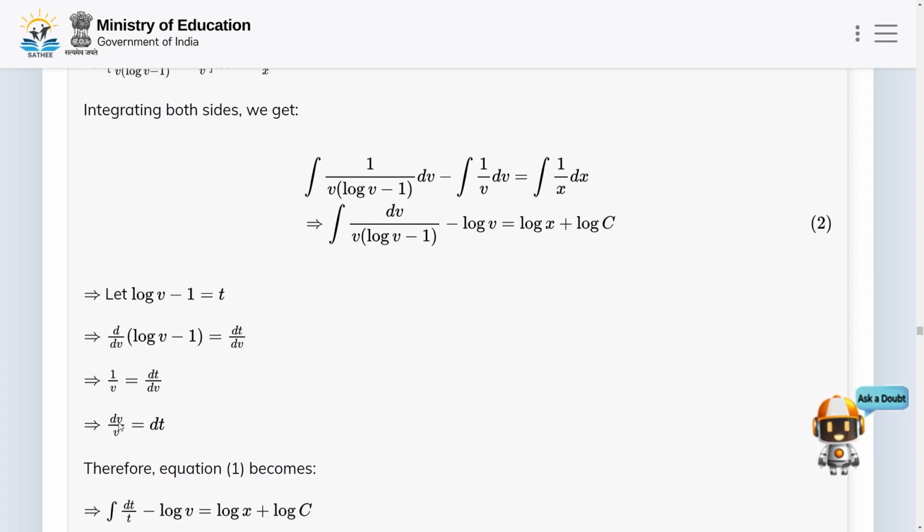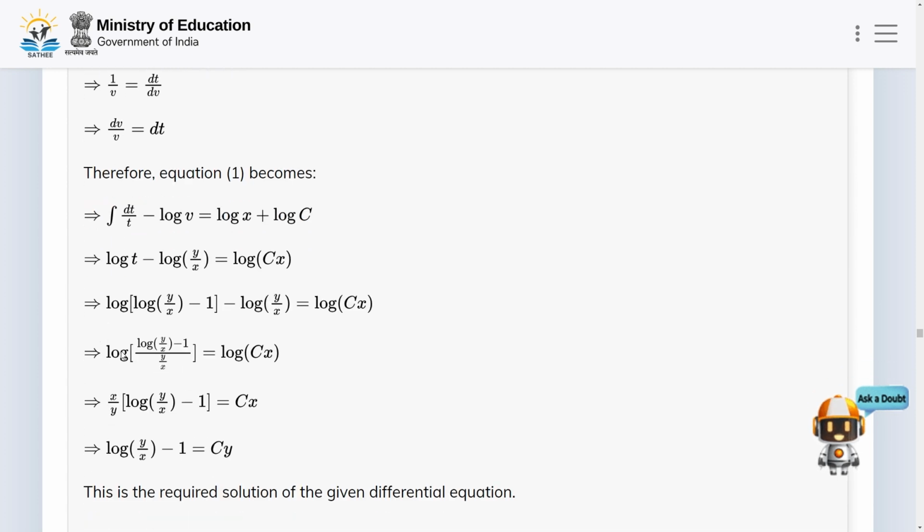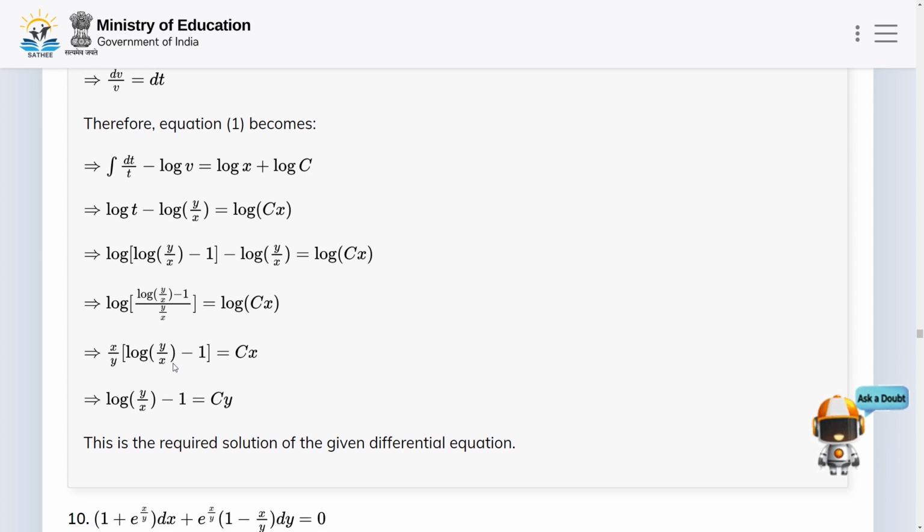I have already told you that this 1 by v dv can be replaced by just dt. After substitution, you will have just log t. Log t means log of log y by x minus 1. We have already replaced v by y by x. After applying log properties and rearranging some terms, your general solution will be log y by x minus 1 is equal to c y.